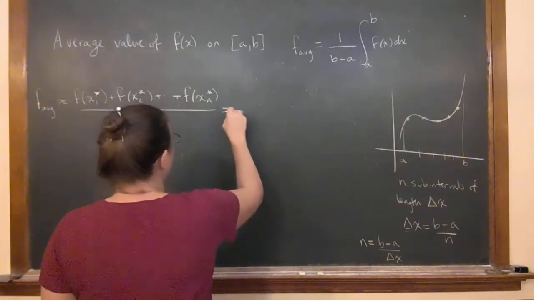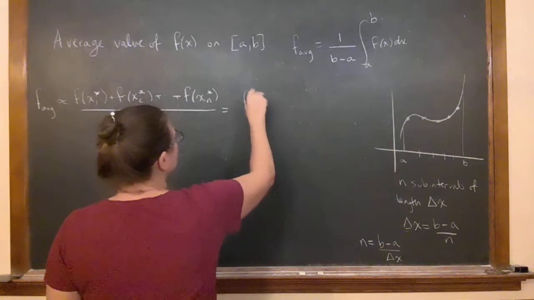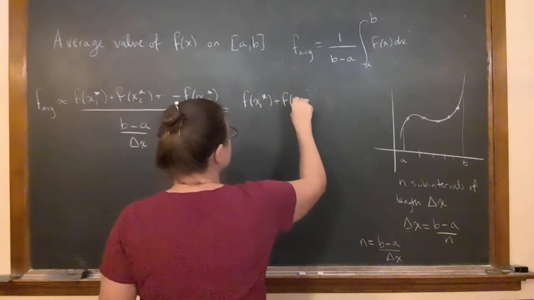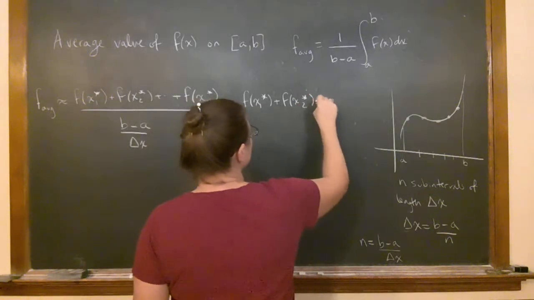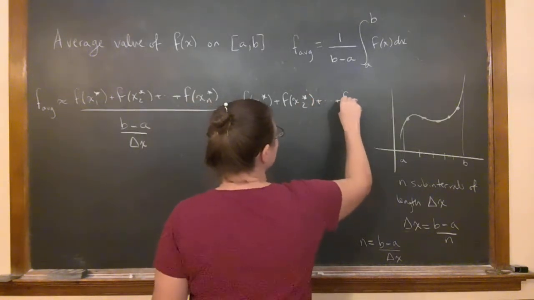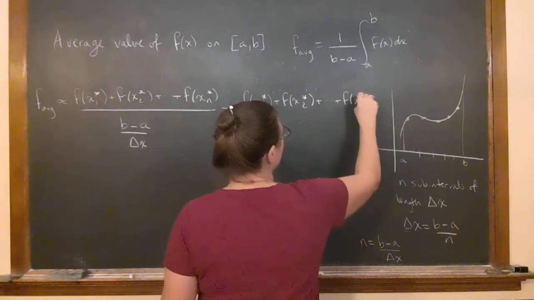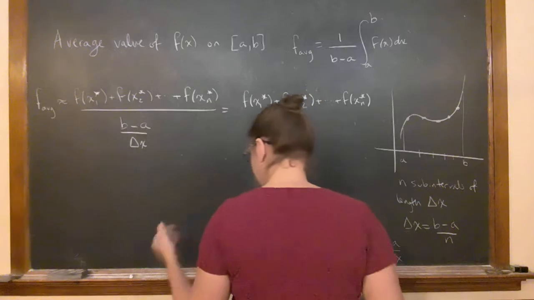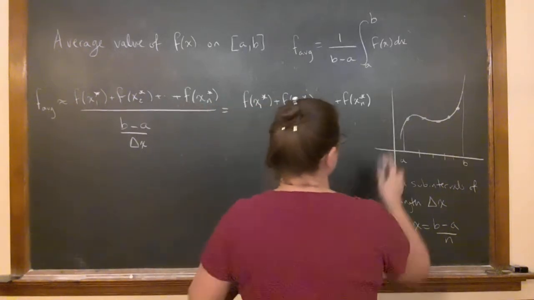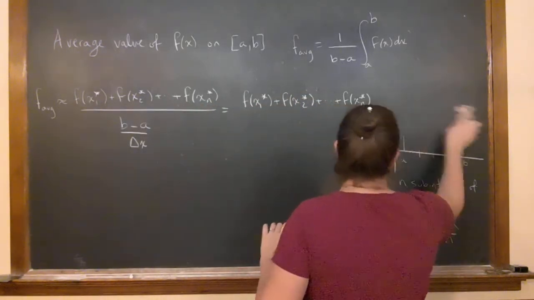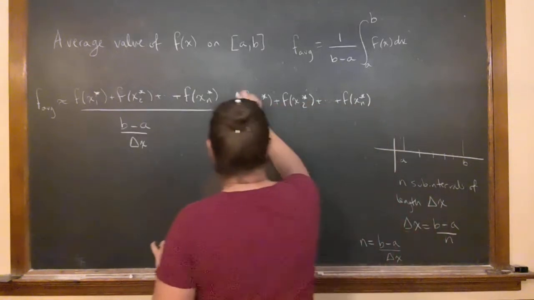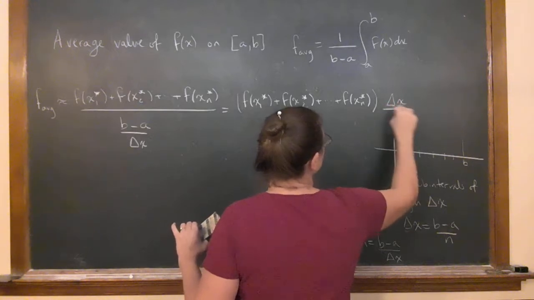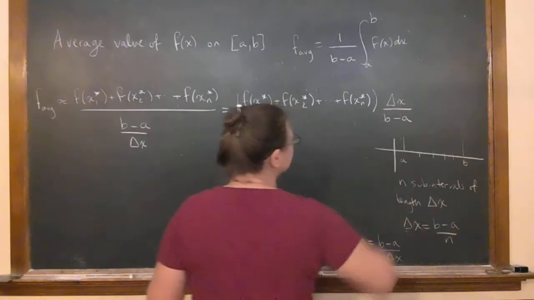But I can just multiply by the reciprocal. So dividing by b minus a over delta x is the same as multiplying by delta x over b minus a.